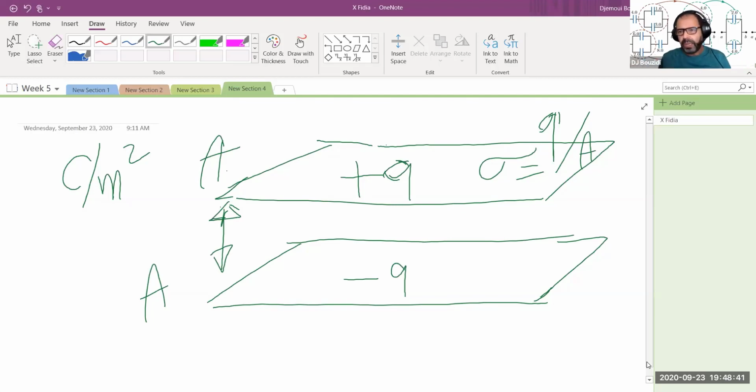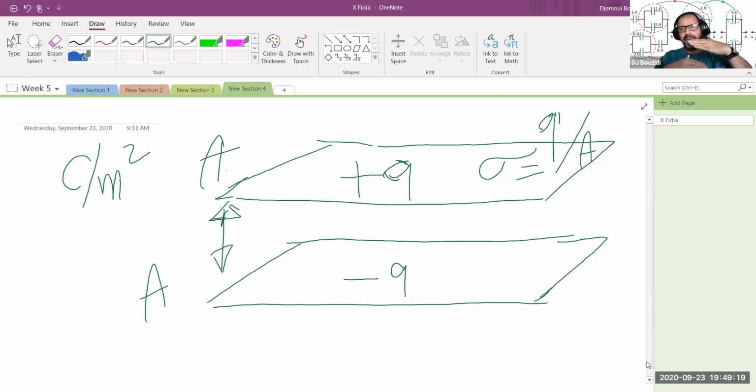In order for me to say that the electric field produced by the upper plate points away from it and is sigma over 2 epsilon naught, and the lower plate creates an electric field also of the same magnitude, sigma over 2 epsilon naught, except that it points inward toward it. Well, on the outer sides of the two plates, on this side, the electric field cancels, because the positive plate is repelling the field lines, whereas the negative plate is pulling them with the same intensity, so they cancel.